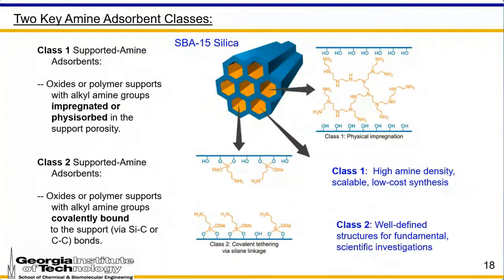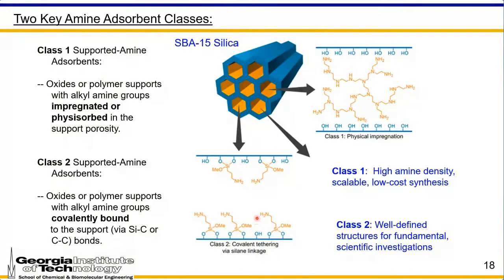So I'd like to do a deep dive now on two different types of separation materials that I've used for this application. The first example that we'll talk about will be amine grafted mesoporous silica like SBA15. Here we have well-defined binding sites that are all identical, and that allows us to do fundamental characterization of the nature of the adsorbed species on the surface.